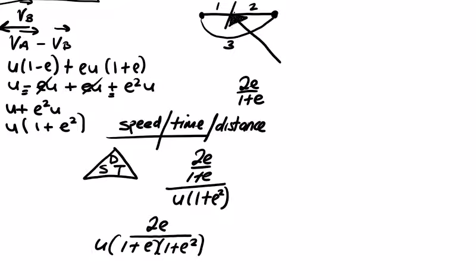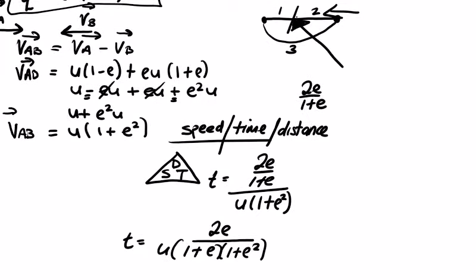We also have the speed of both of them. So we have the speed of 2 going in this direction. So I've got my time and I've got my speed up here. So distance is equal to speed by time. So the distance that they're going to have traveled is going to be U by 1 plus E squared multiplied by the time, which is 2E.